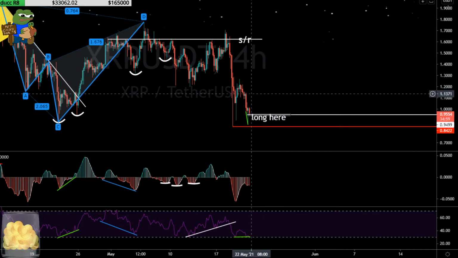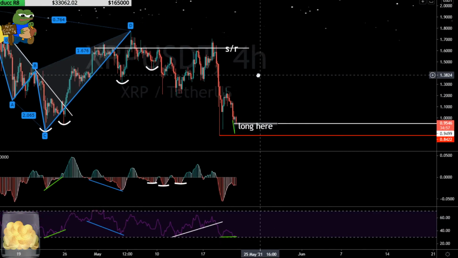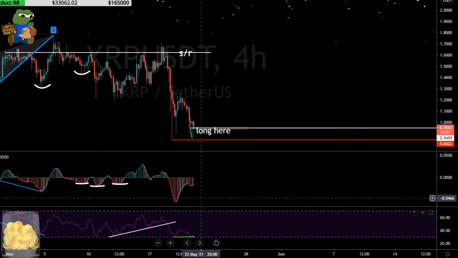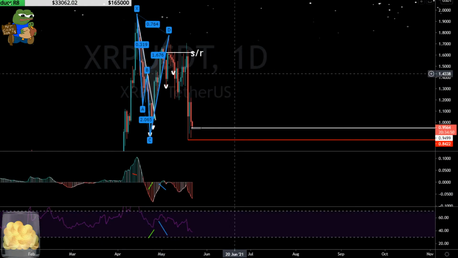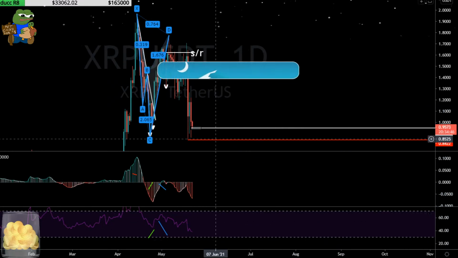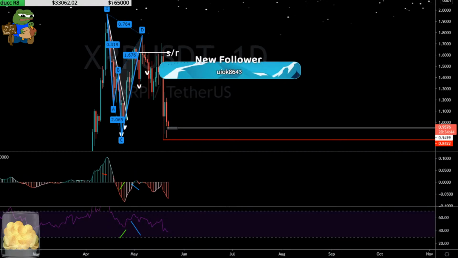So even though there's a pattern, we're not quite developed on the larger time frame, right? Especially the daily. Like, look at this daily, right? This is trash. Daily is trash, right? So we don't got nothing there.